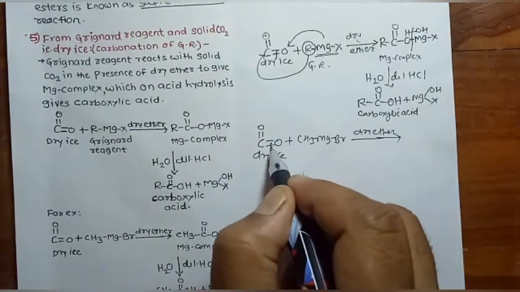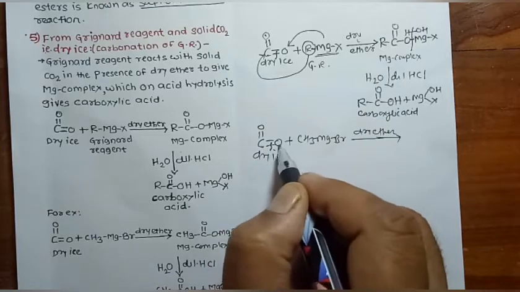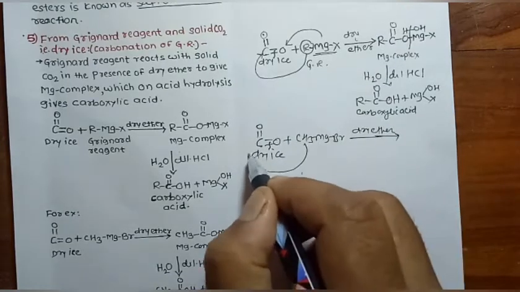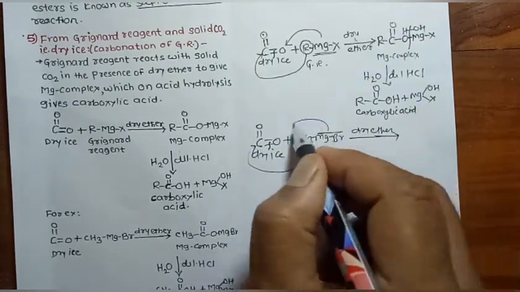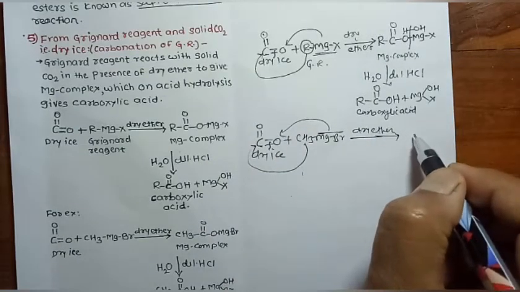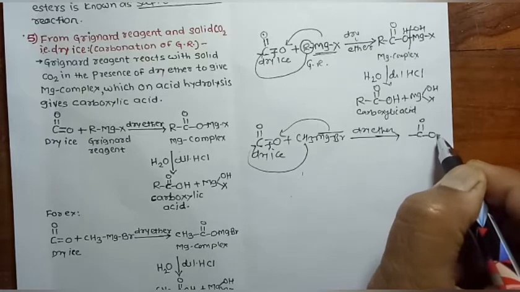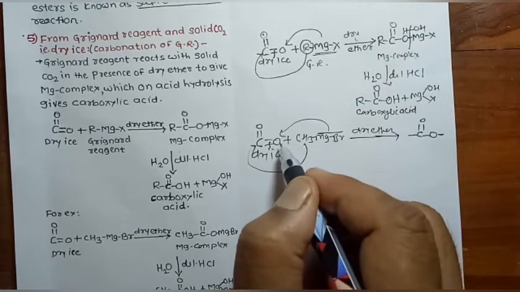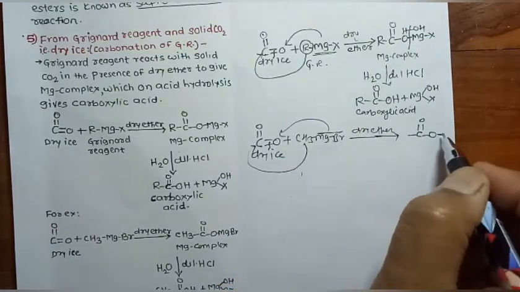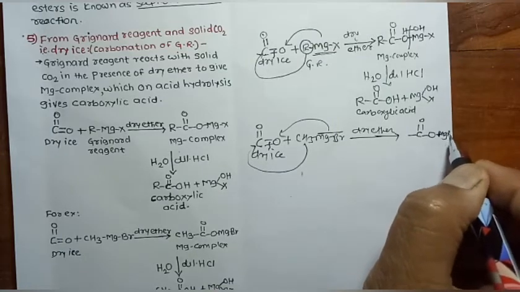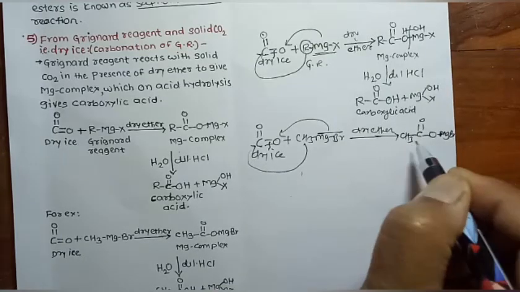Again, out of these two bonds, one of the bonds between carbon and oxygen breaks. This CH3 group is attached to the carbon atom, and the remaining part is attached to the oxygen atom. Here C double bond O, one bond of this carbon becomes vacant, and one bond of this oxygen also becomes vacant, attached to MgBr, and here is CH3.